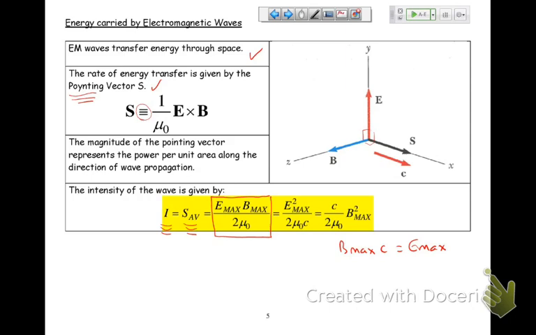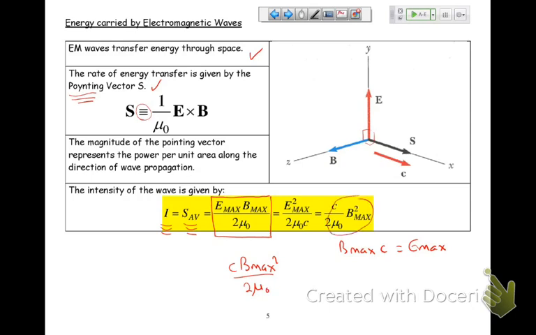these next two equations. Let's just substitute. If I substitute in for Emax, I would get c times Bmax squared over 2 mu naught. So that's that one.